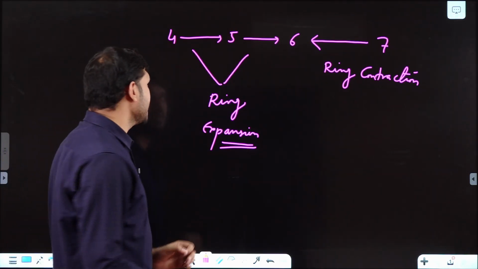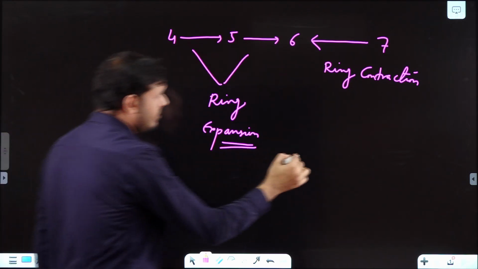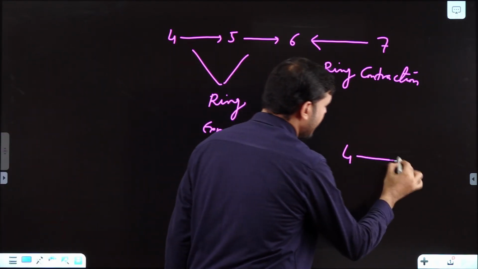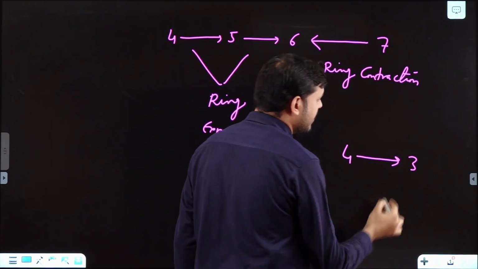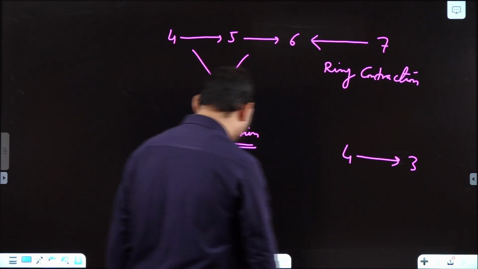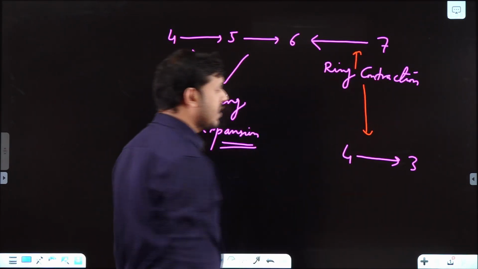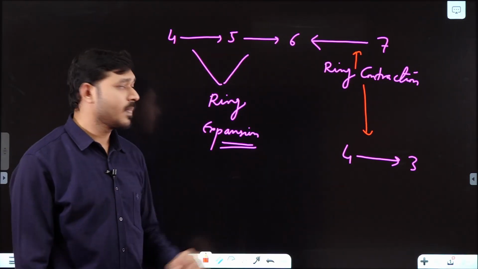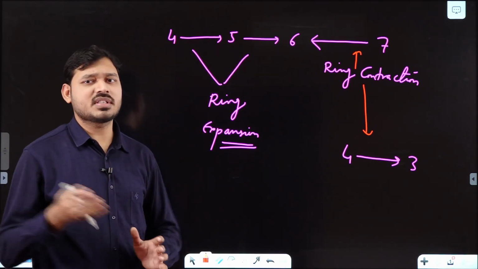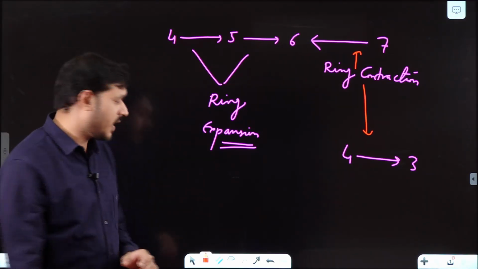There is one more special case. See, a 4-membered ring will go towards a 3-membered ring. This is also a case of ring contraction, okay? So this is one case and this is one case, two cases we will be discussing, okay? Also, if you come across some example of 8-membered to 7-membered, then 6-membered, that is also possible, okay?